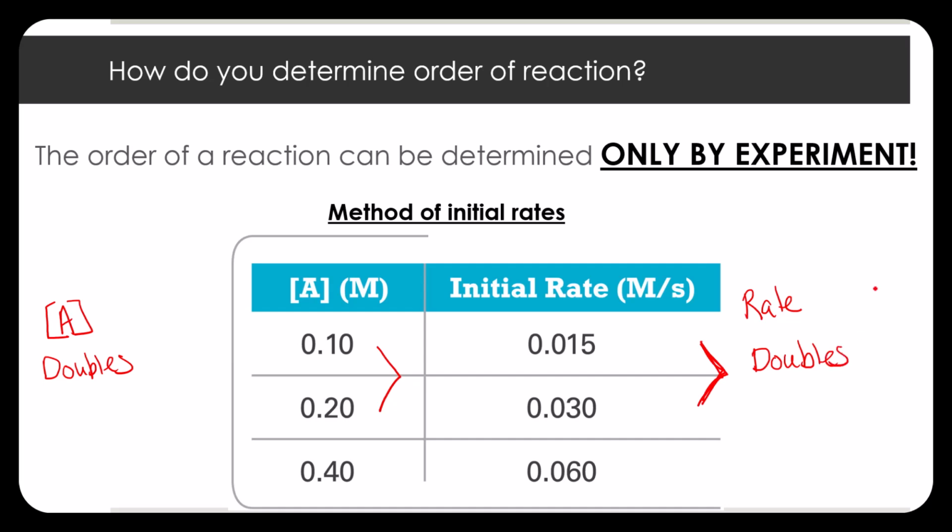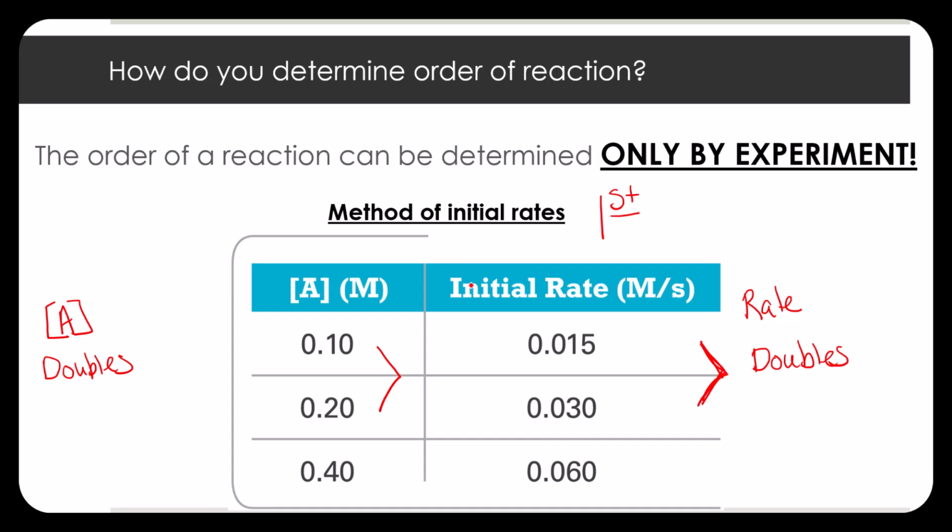So we double the concentration, the rate doubles. What order is this? Yeah, it's first order, directly proportional. So in this particular experiment, the reactant would be a first order reactant.